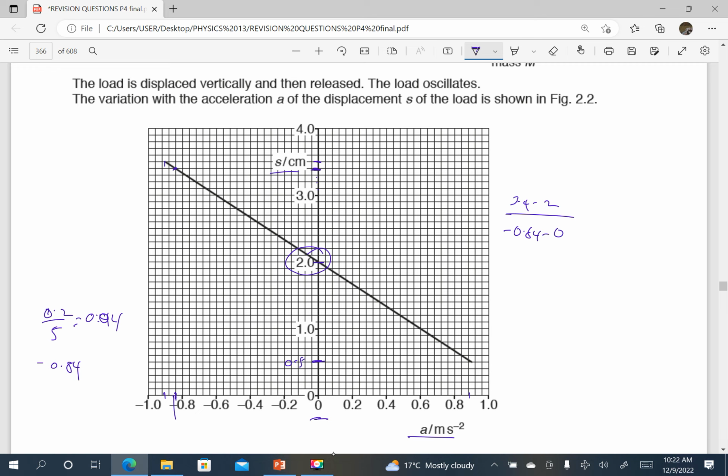Okay, so this is going to give me a negative gradient. Let me check. 3.2 minus 2 divided by 0.8. Then 1 divided by the answer.